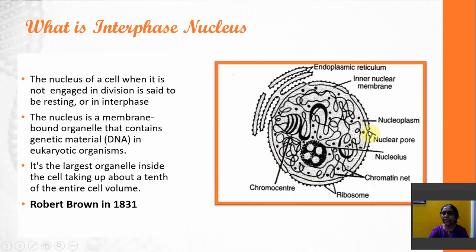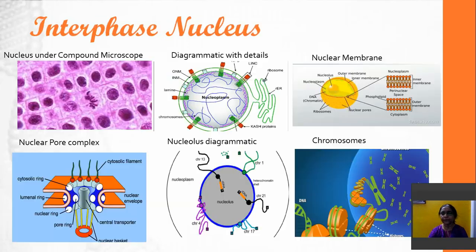The membrane is having pores which are called as nuclear pores for the entry and exit of the molecules. It has a dense body called the nucleolus, and the chromosomes are in highly coiled state, and hence it is called as chromatin network. It has ribosomes on the outer layer as well as they are present in the nucleoplasm as they are synthesized in the nucleolus.